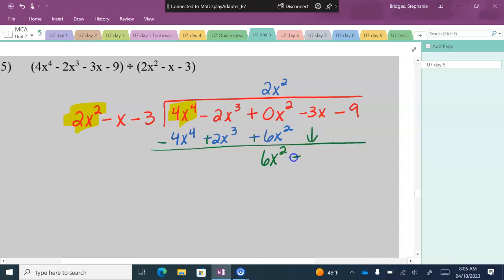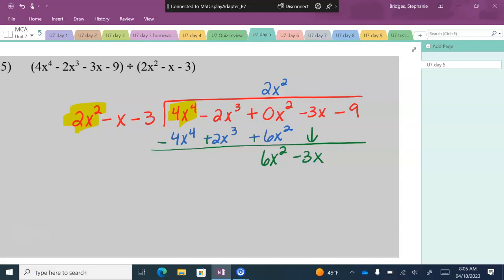I'm going to bring down that next term. Now here's where we run into a little bit of difficulty as well. Can 3 terms fit into 2 terms? No, you have to have the same number of terms. You could put 0 up at the top and then keep going. However, if you put a 0 in front of a variable, you're not going to write it in your final answer.